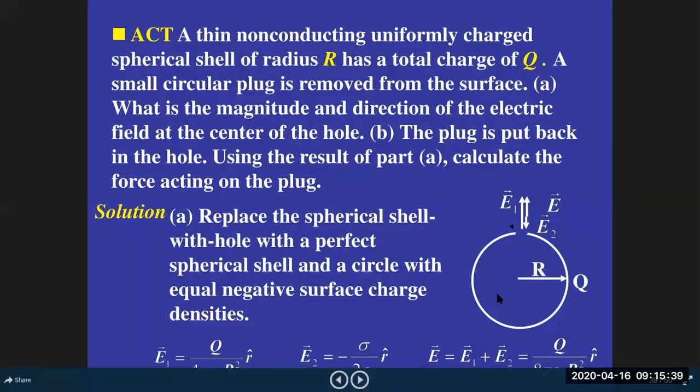Again, we find the electric field due to the whole sphere, and then the electric field due to the circular disc that is removed from the shell, and then apply the principle of superposition to calculate the net electric field.